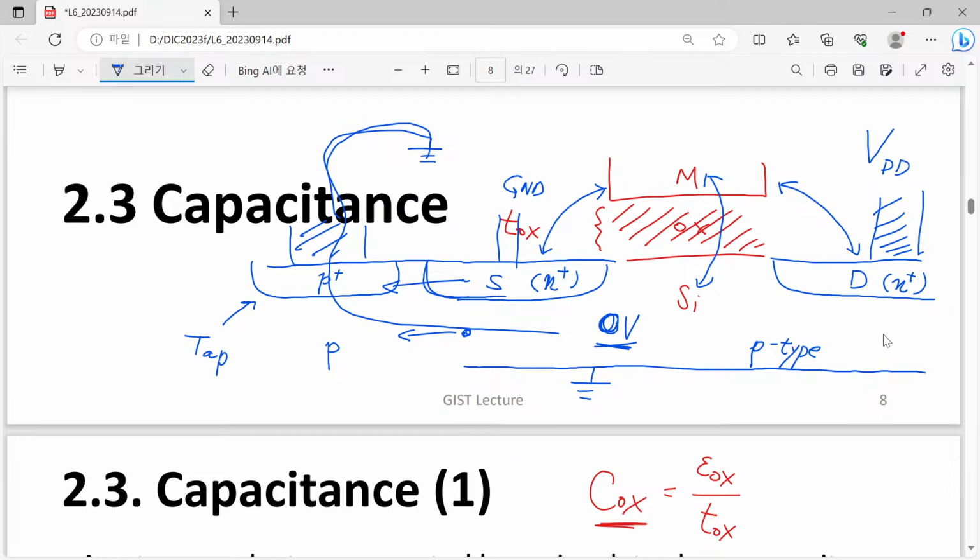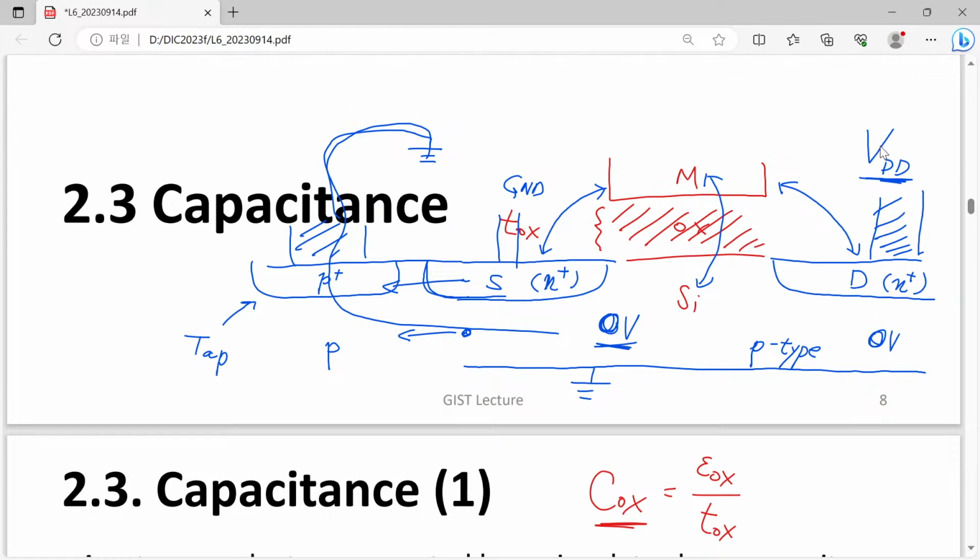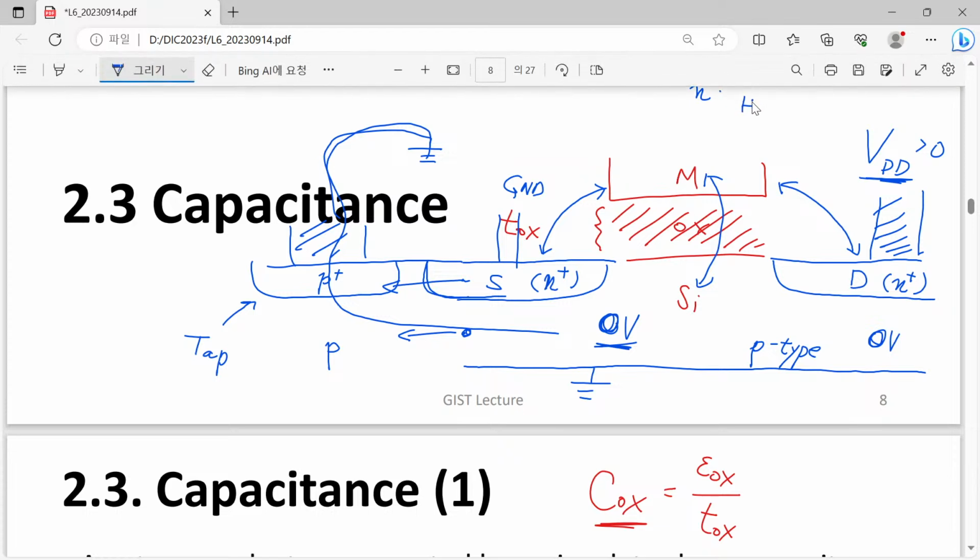Now p-type substrate is biased with 0 volt and n-type drain region is biased with VDD. Then which one is highly biased and which one is lowly biased? VDD is a positive number, so we can say that n-type is highly biased and p-type is lowly biased.